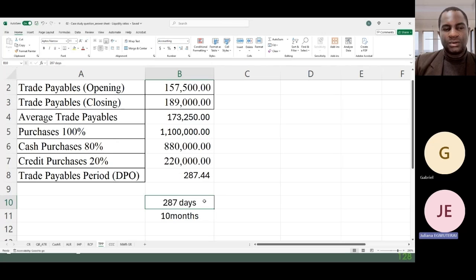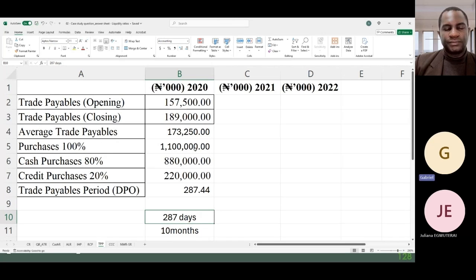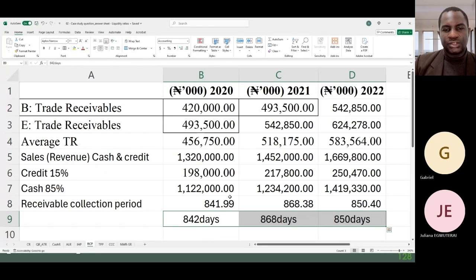It's actually long. A lot of dissatisfaction, and creditors complain. Creditors are not comfortable with 10 months. Though their receivables collection period, you can see, is even longer. How many years did we calculate for receivables?